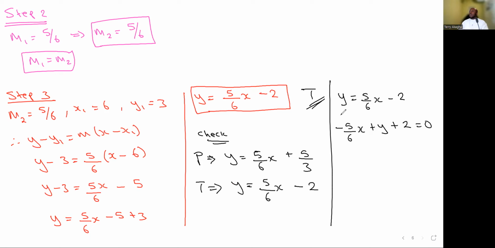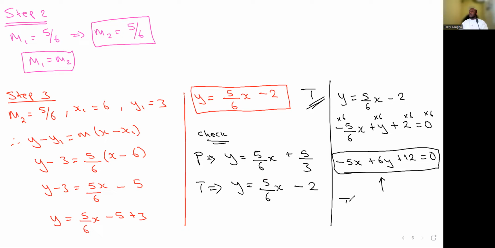To remove the 6, I have to multiply each of this by what? 6. So that'll give me minus 5x plus 6y plus 12 is equal to 0. So if you are told to leave the equation of line T in standard form, this is T in standard form, all right?